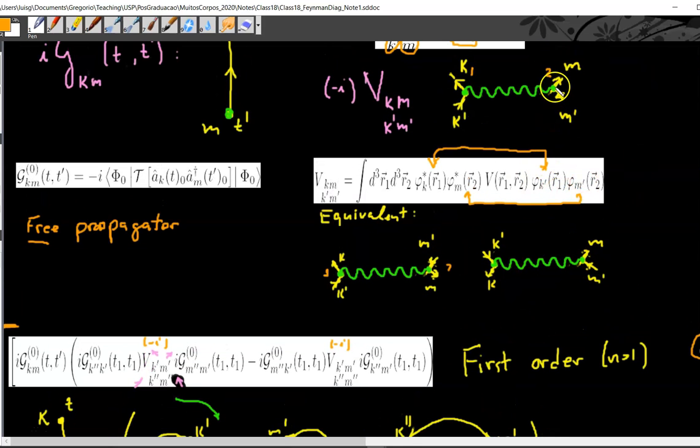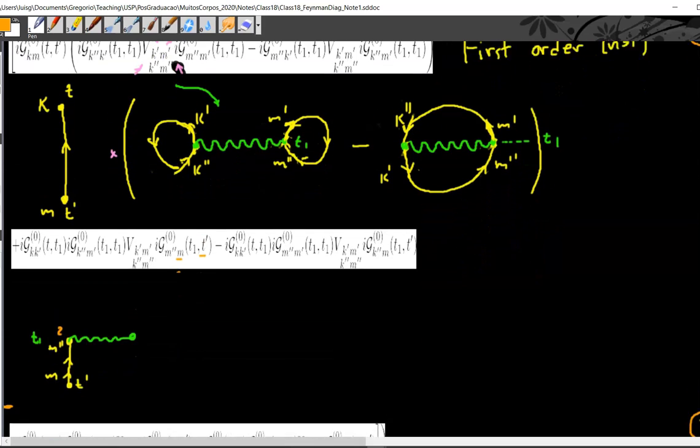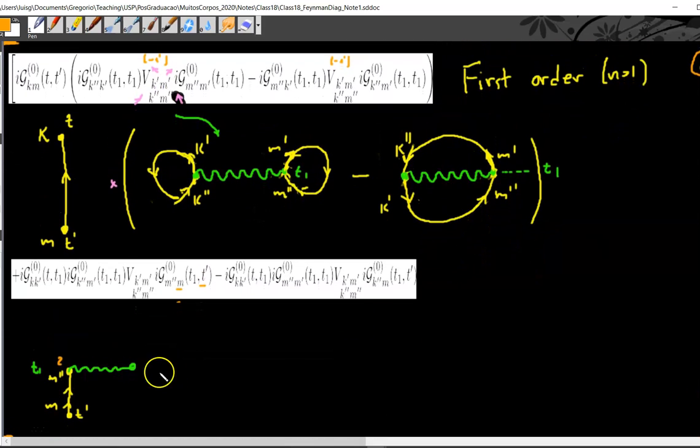So at that point 2, m double prime enters. There needs to be an m prime exiting that same vertex. And here I have two lines, one coming in, one coming out.